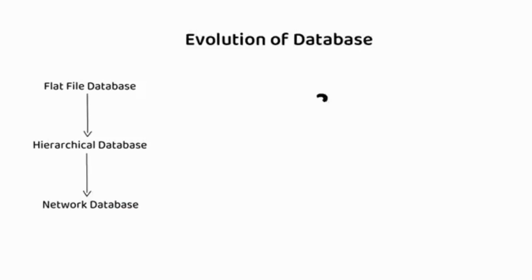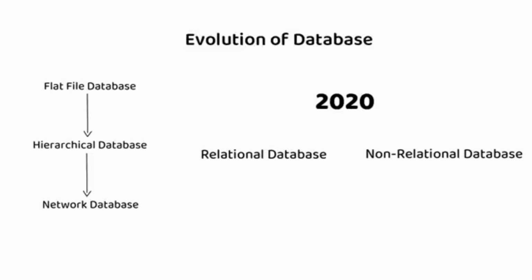Fast forward to 2020, in today's world, there are mainly two popular database types, relational database and non-relational database. As per the usage, over 74% of the databases used today are relational databases. But due to the immense rise in data usage over the past decade, mainly due to social media platforms, non-relational databases have become very popular.